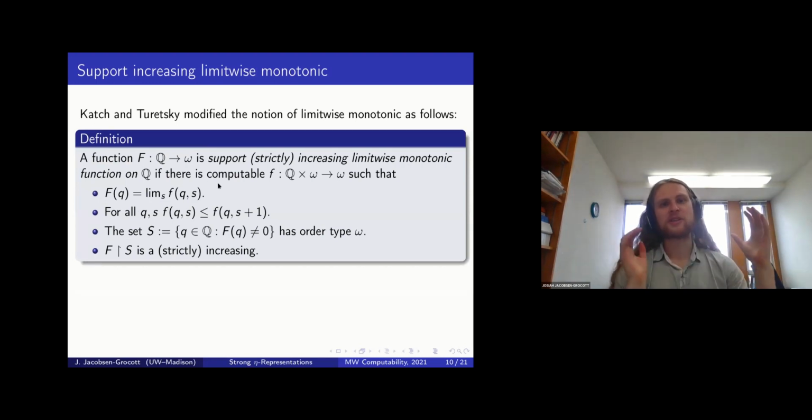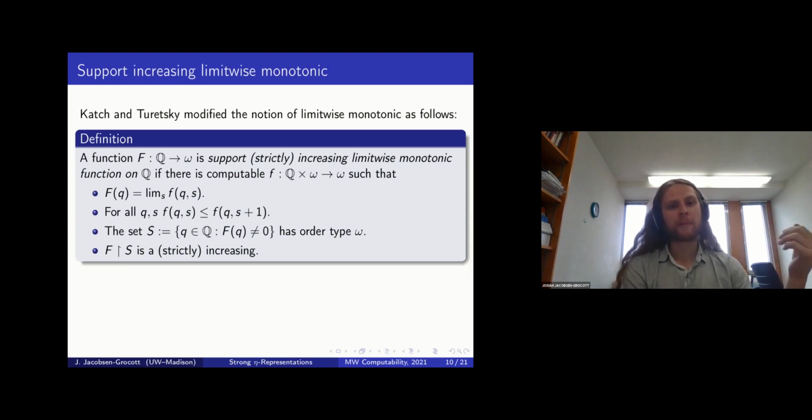So moving on to increasing Ada representations, Kach and Turetsky modified the notion of limitwise monotonic as follows. A function F from the rationals to omega is support increasing limitwise monotonic on Q if there is a computable little f from the rationals cross omega to omega such that the following hold.